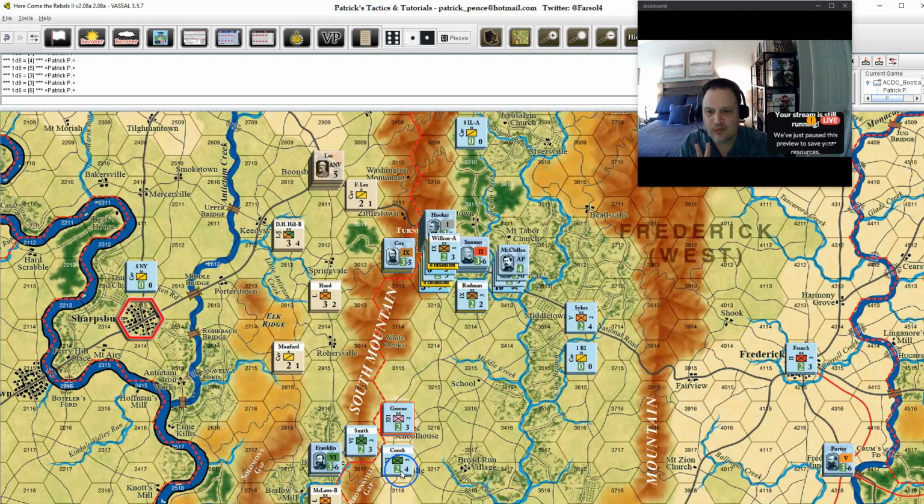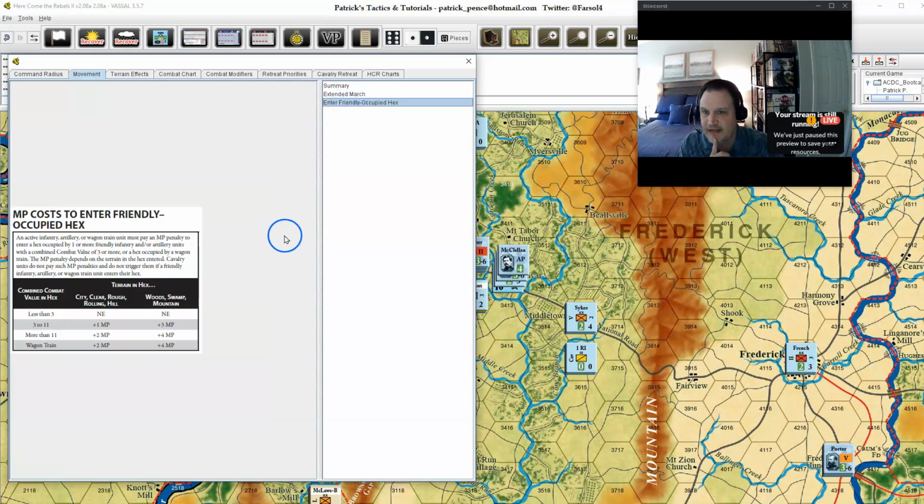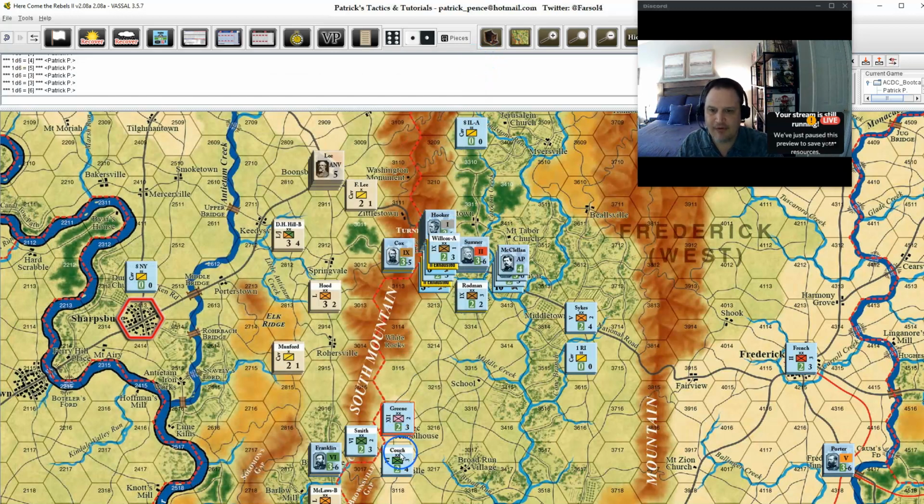We would have to assess whether or not he could actually stack with one of these units and get into that hex. Now, it's clear terrain down there, and I look at entering a friendly occupied hex, so he's got more than 11 manpower, so it would cost an additional 2 movement points on top of whatever that cost is. So it's 1 for the road and then an additional 2.